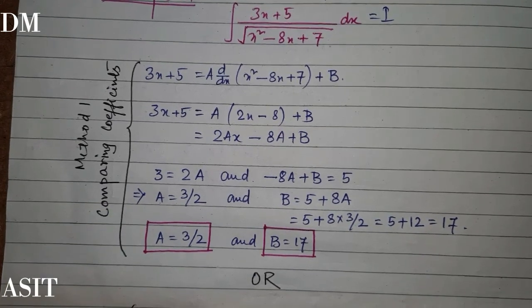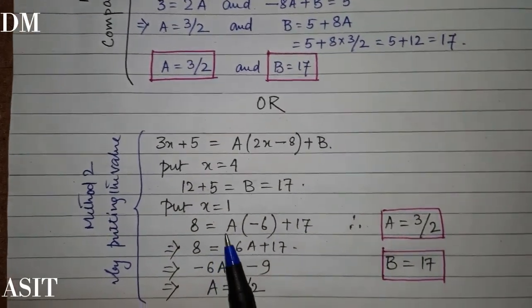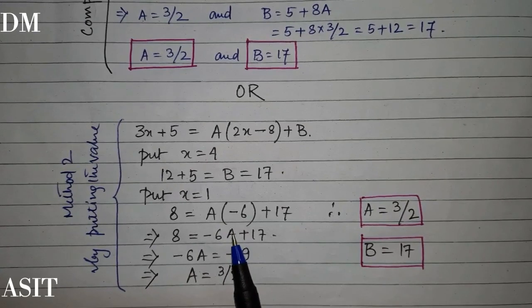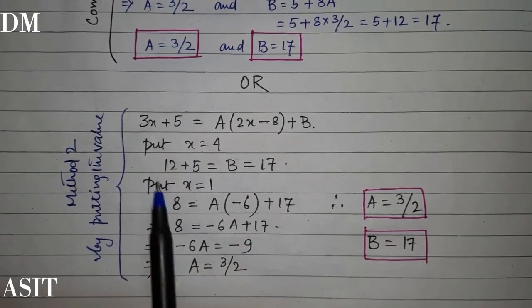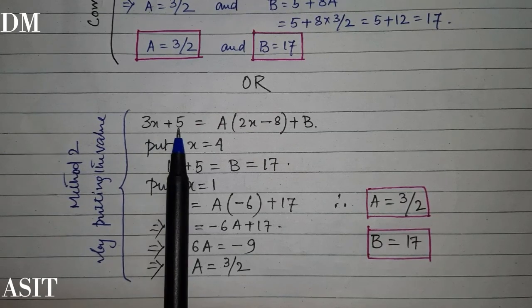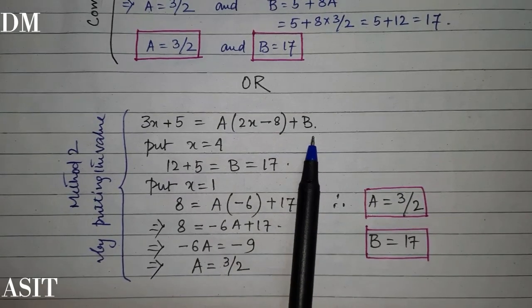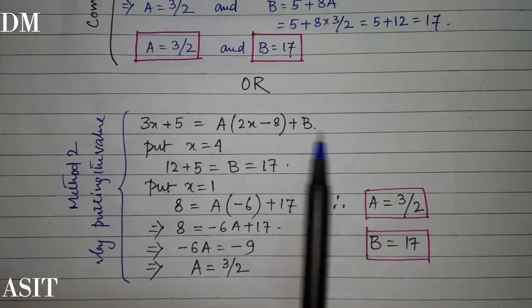Now let us see the second method, that is by putting the value of x. Here 3x plus 5 is equal to a into 2x minus 8 plus b. Now I will put values.